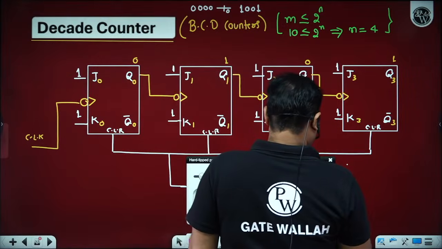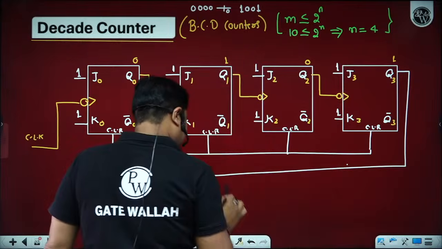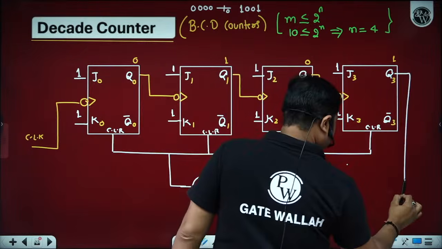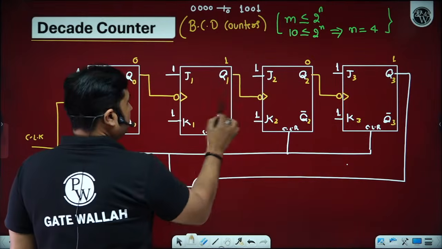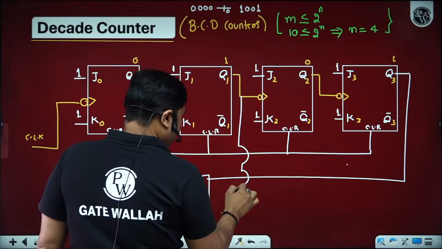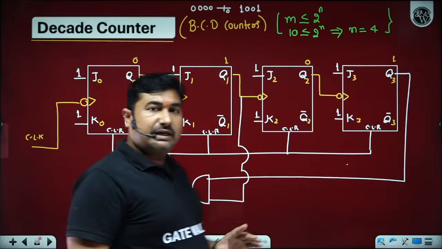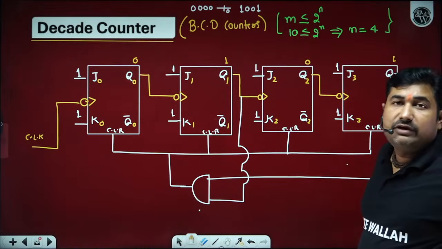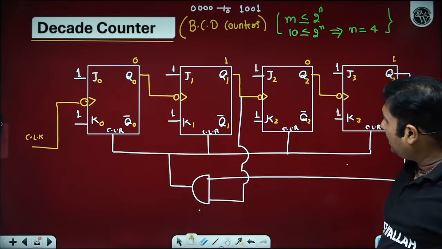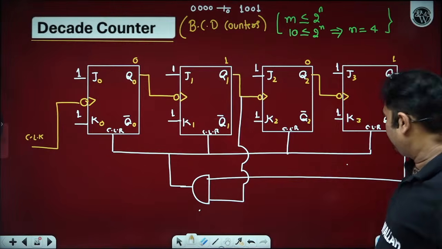So I pass this Q3 and this Q1 to this AND gate. Then the AND gate output will become logic 1 in only one condition, when the binary of 10 appears. When the binary of 10 appears, then only will the AND gate inputs become 1, 1.